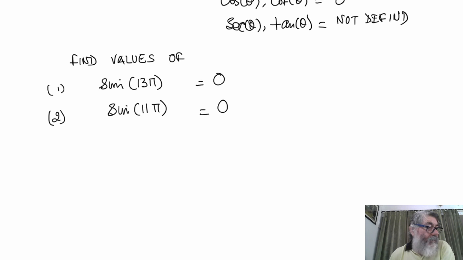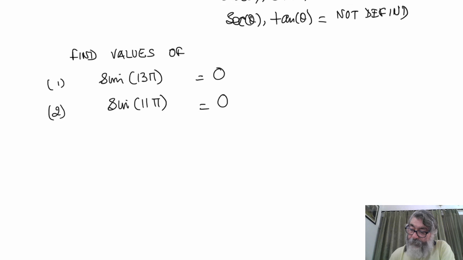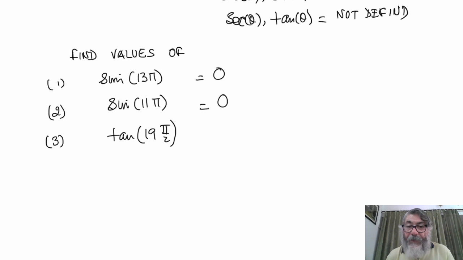Then it says tan 19 pi by 2. First of all, we have to find where this will fall. We told you to divide the coefficient of pi by 2, here 19, by 4. 4 fours are 16, because 4 fives are 20 will be more.